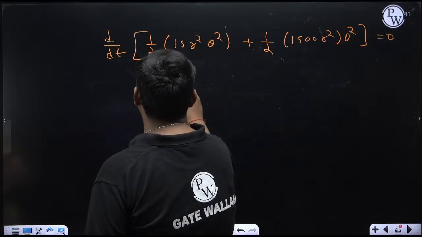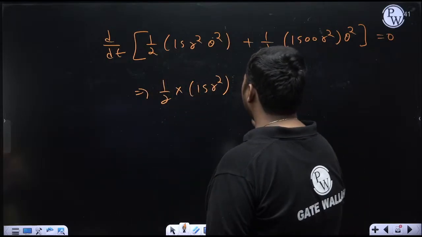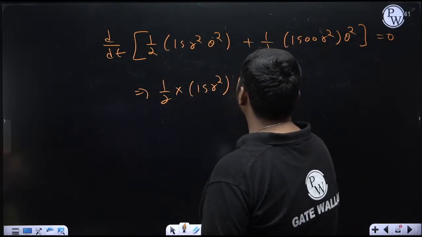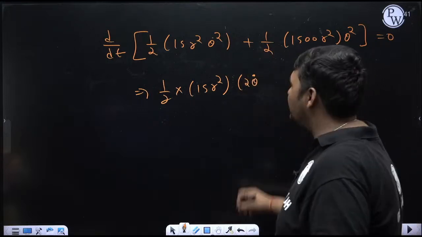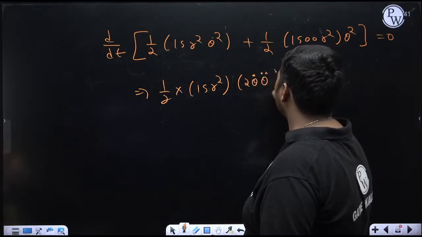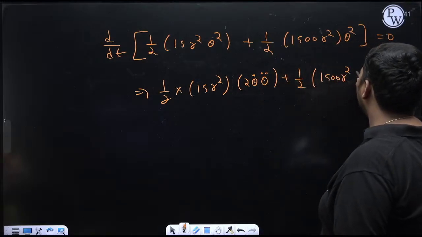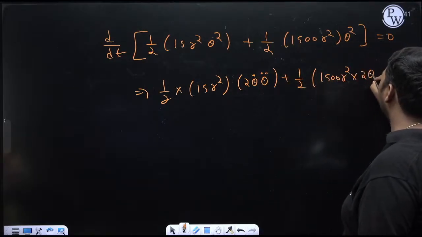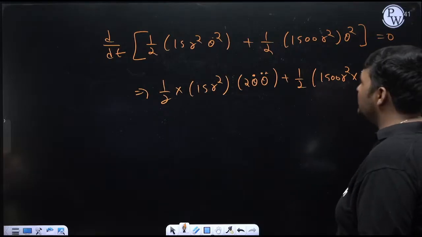Now half into 15 r square, differentiation of theta dot square with respect to time: first, differentiation of theta dot square with respect to theta dot is 2 theta dot. Now differentiation of theta dot with respect to time is theta double dot. Plus half 1500 r square, differentiation of theta square with respect to theta is 2 theta. Now differentiation of theta with respect to time is theta dot, equal to 0.